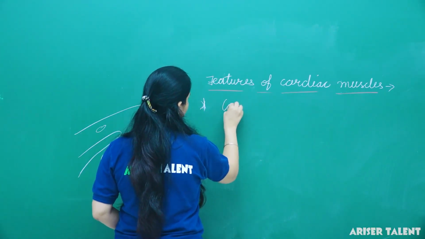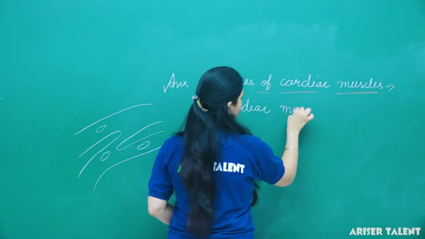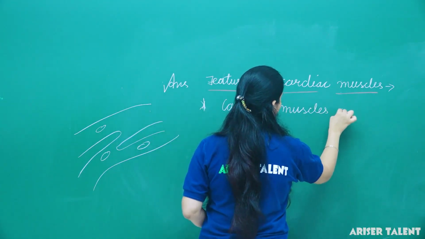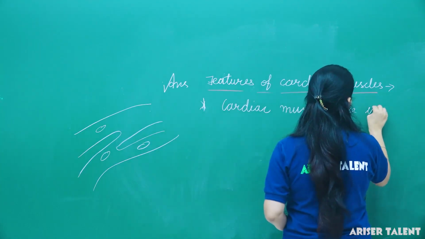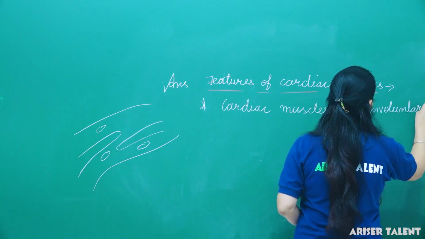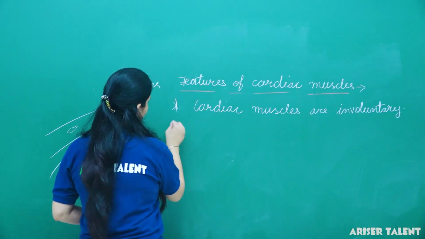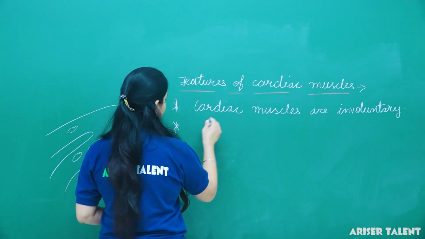Number one, cardiac muscles are involuntary in nature. They are not in our control; they work automatically.